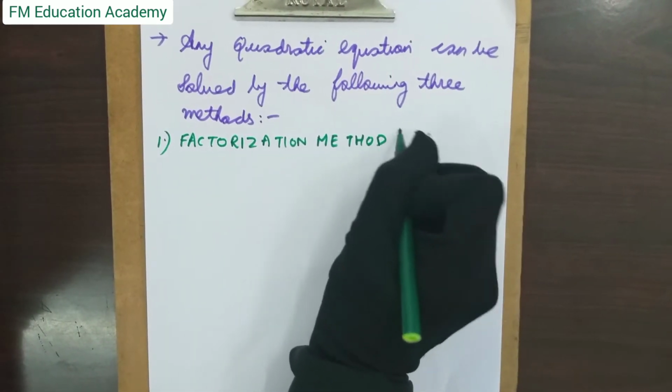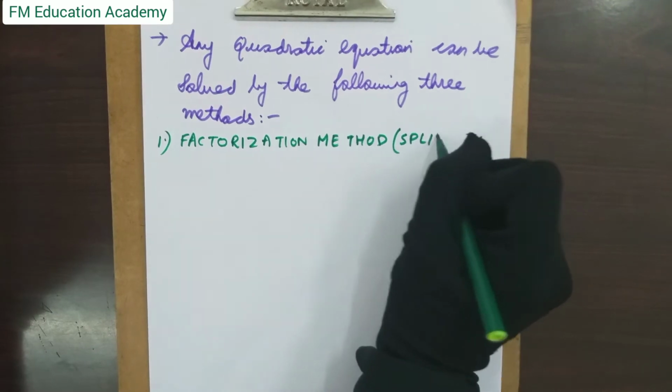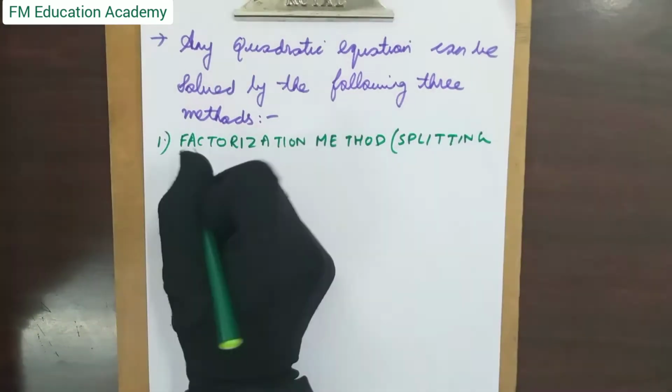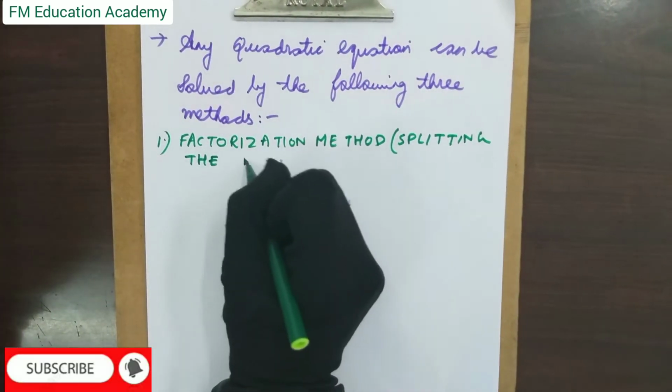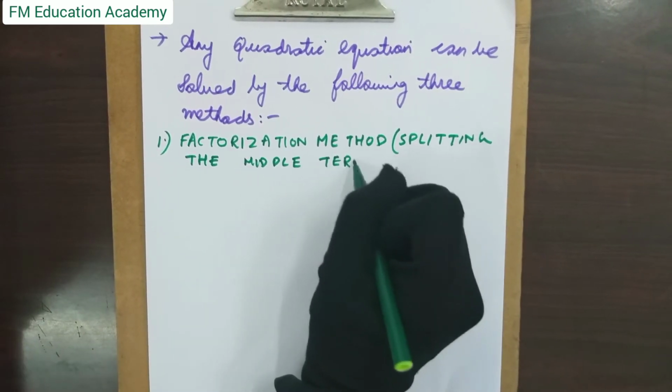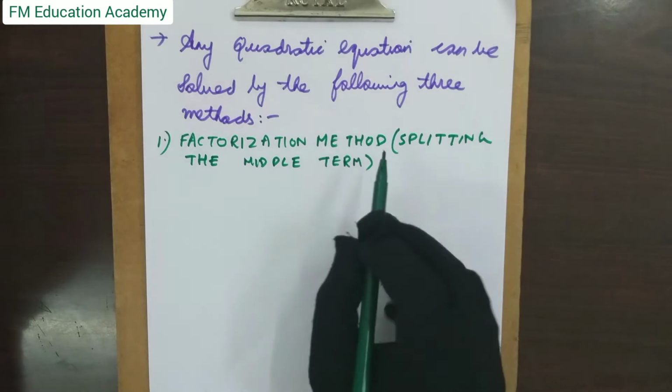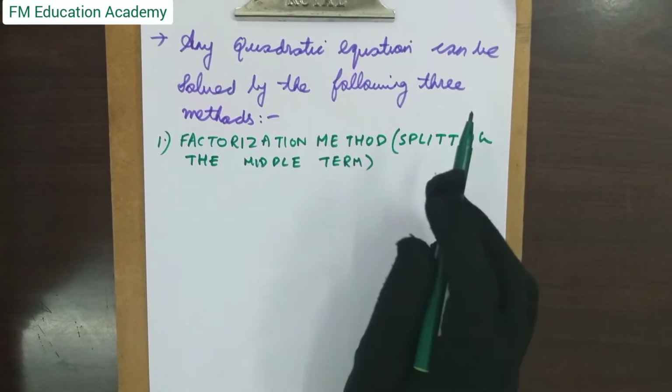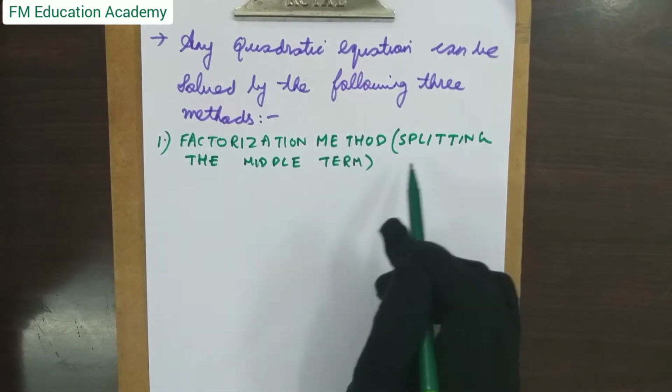This we already discussed in the polynomials chapter. You can go and check it out, and I'll make future videos on this too. So we solve the quadratic equation by using the factorization method or splitting the middle term.